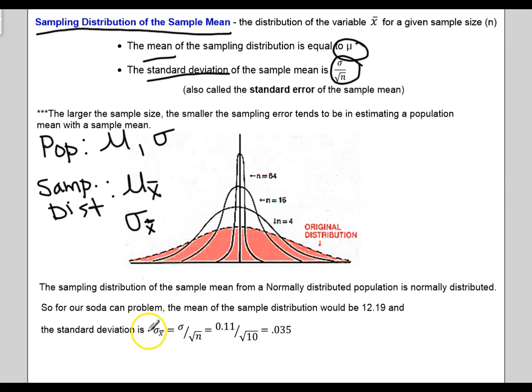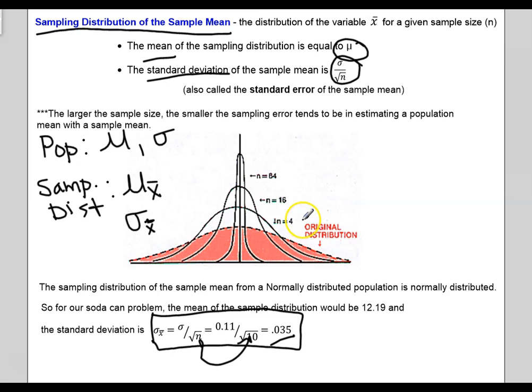So you can kind of see that done down here when we're calculating the standard deviation of the sampling distribution. It would be sigma sub x bar, and that's going to be equal to sigma over the square root of n. So depending on what your sample size is, that is going to change what your sampling distribution standard deviation is, right?